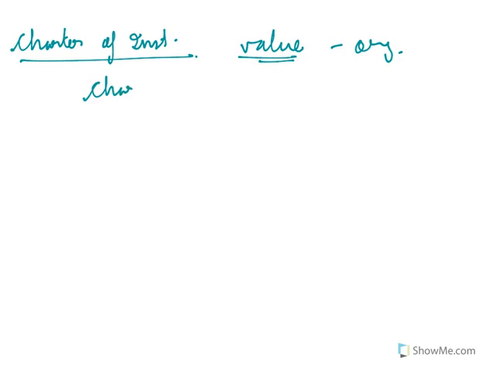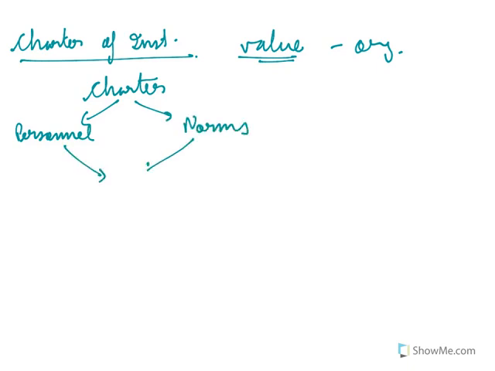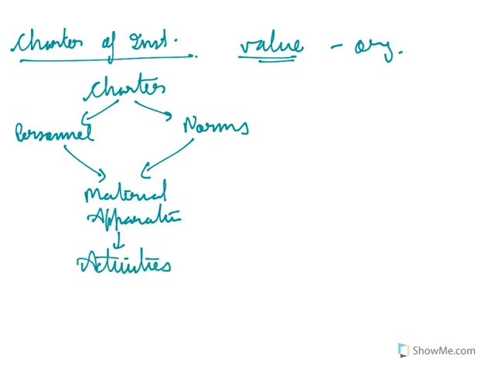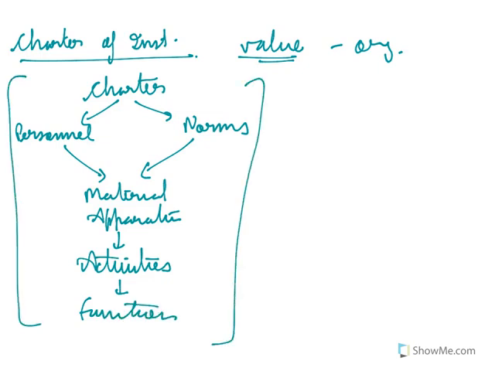So this could be defined as follows: charter, then the personnel or the people, the norms of the organization, these form a material apparatus defining the activities which are to be undertaken and the function played by these activities. So this was the charter of the institution.